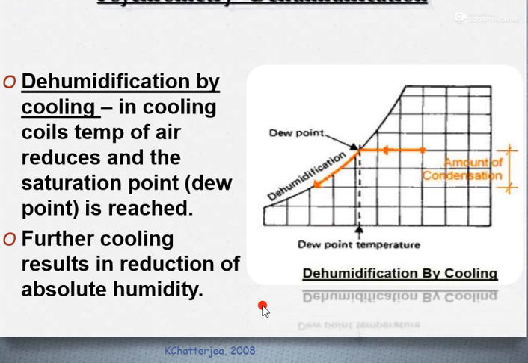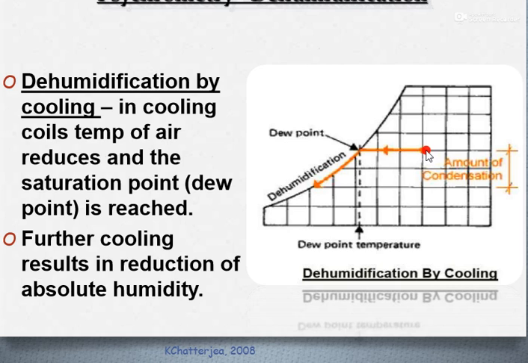We will see this process on the psychrometric chart. This is the cooling and dehumidification process. You can see point number 1 can be denoted at this point.